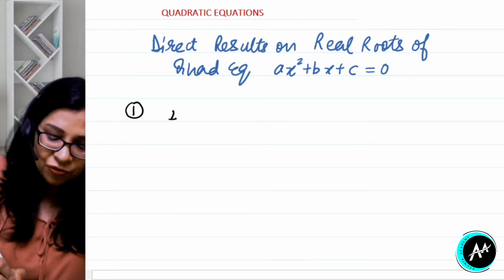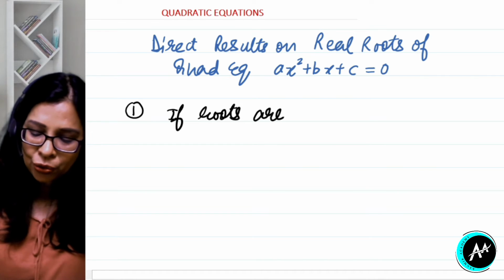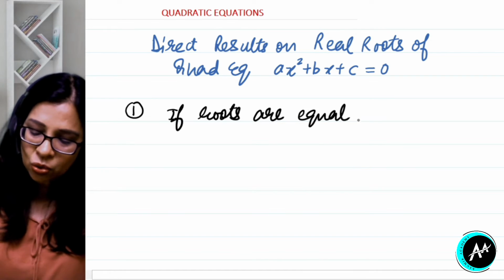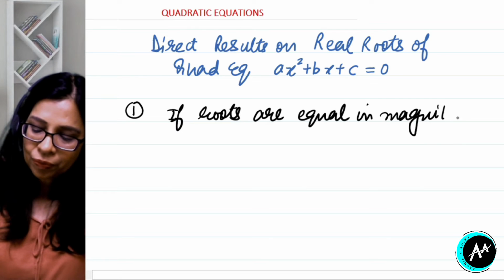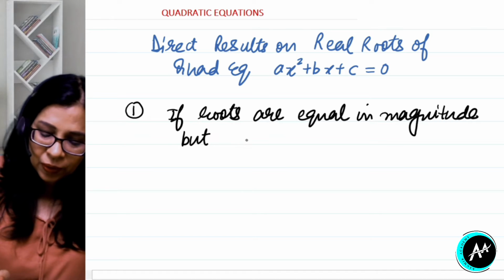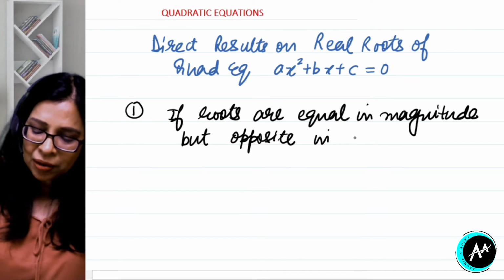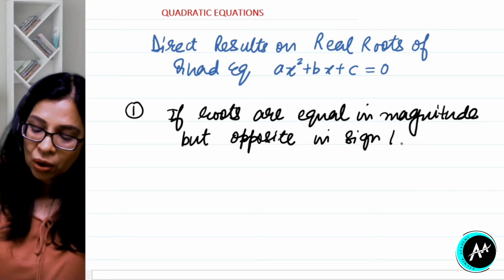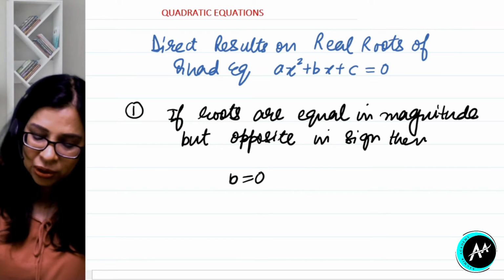So let's write, if roots are equal in magnitude but opposite in sign, then what is going to happen is we will have this condition b equal to 0.